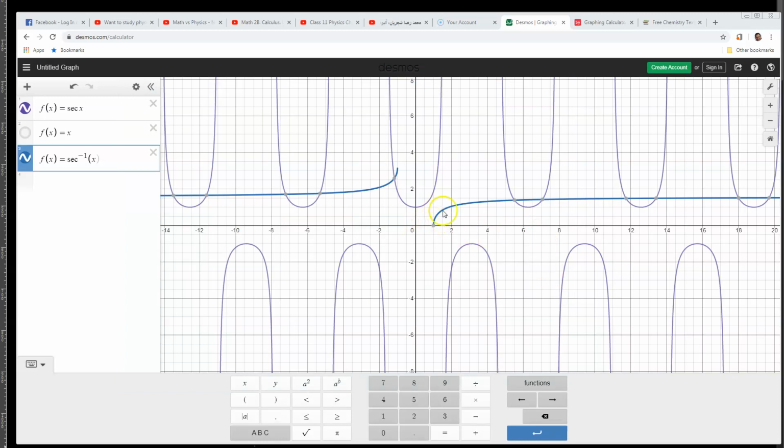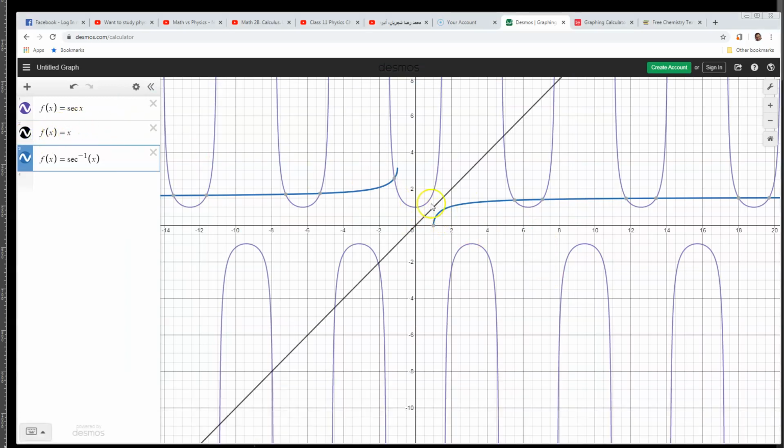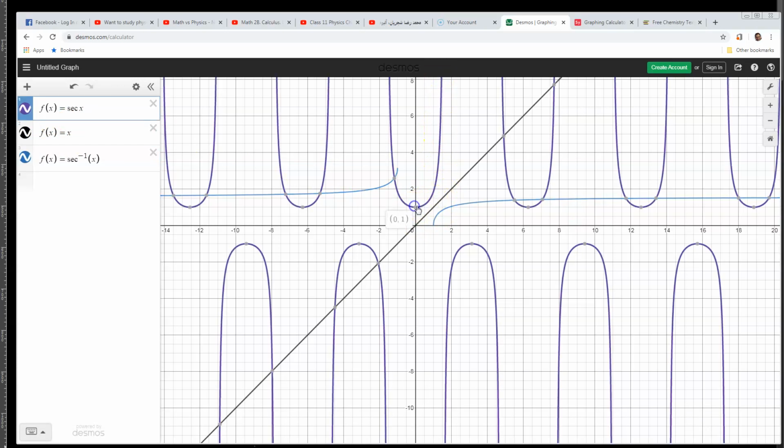And if I show this line, you can see that this part over here, which is the beginning of the domain of the function at x is equal to 0, through this line f of x is equal to x is going to give you this branch, right?